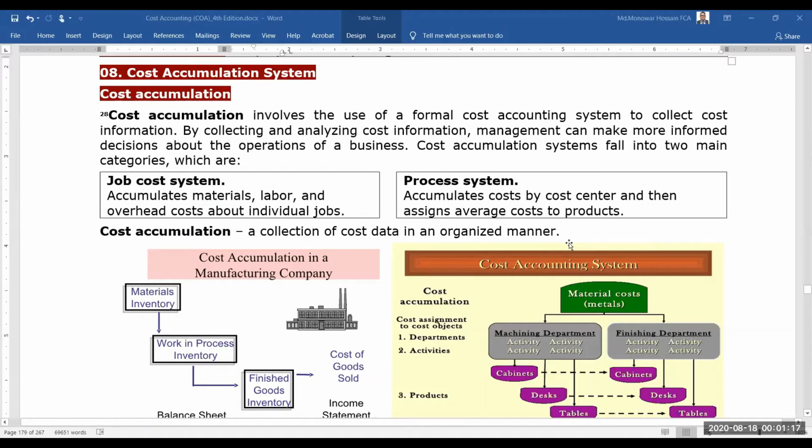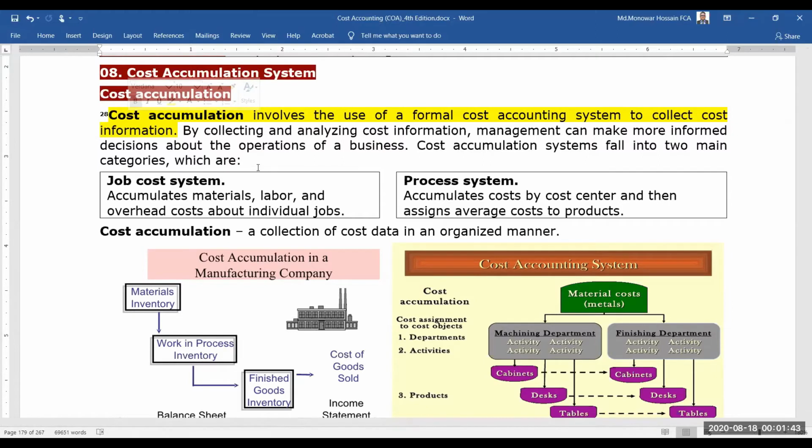So cost accumulation involves the use of a formal cost accounting system to collect cost information. By collecting and analyzing cost information, management can make more informed decisions about the operation of the business.